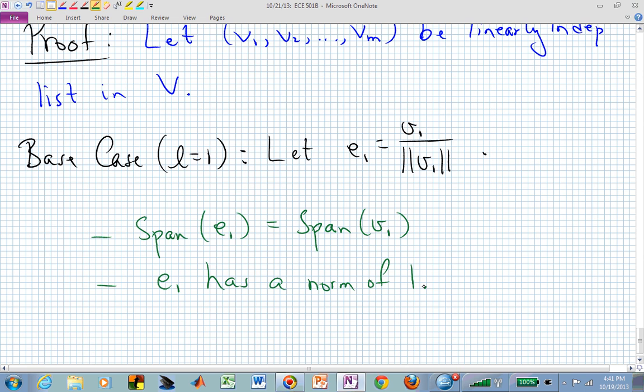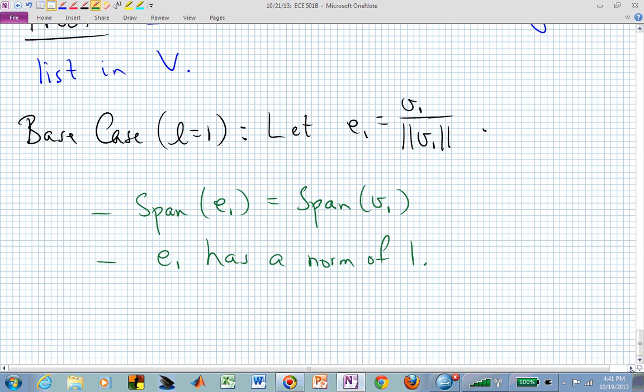And as an exercise, you might just show that. Find the inner product of E1 with itself and convince yourself that you end up with that inner product equaling 1. And 1 squared, since the inner product with itself usually gives you the vector norm squared, but 1 squared is 1, so if the inner product is 1, you've got it done.